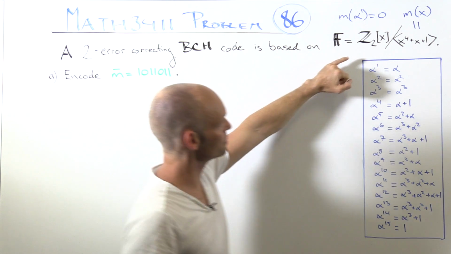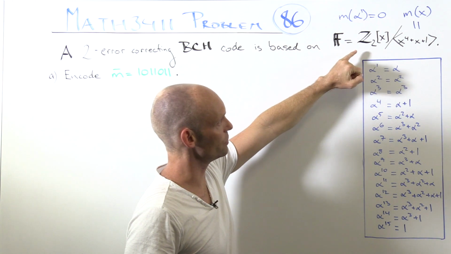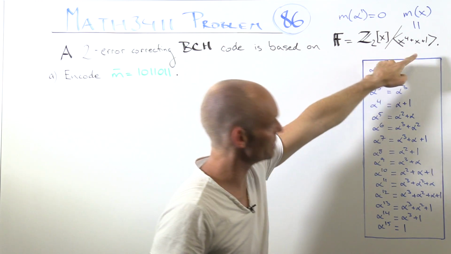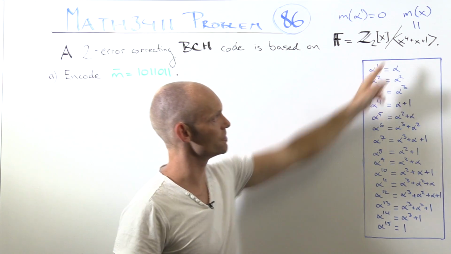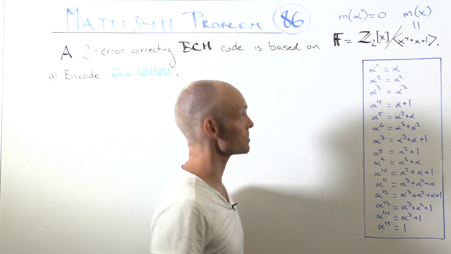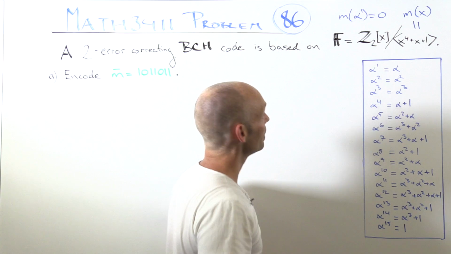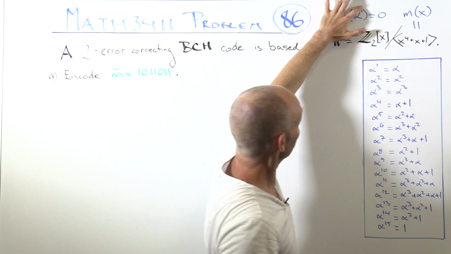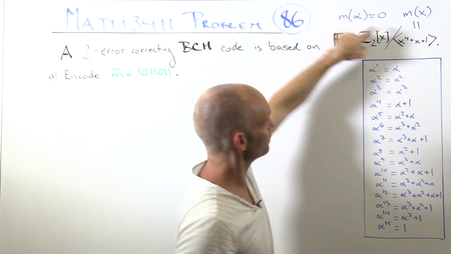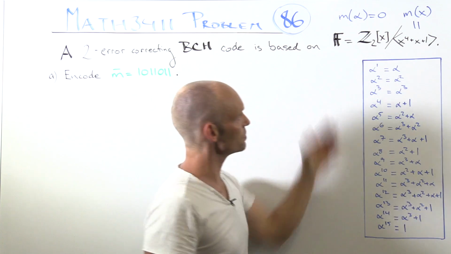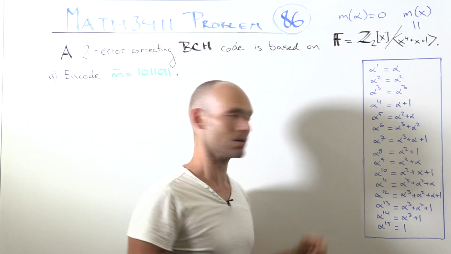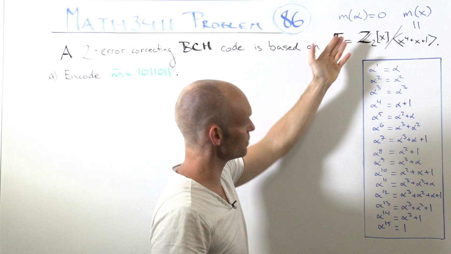This is the field of binary polynomials modulo this polynomial here, x to the power 4 plus x plus 1. I've written it as m of x, and here I've chosen a root of the polynomial, and I want to represent the field as powers of that root if possible.